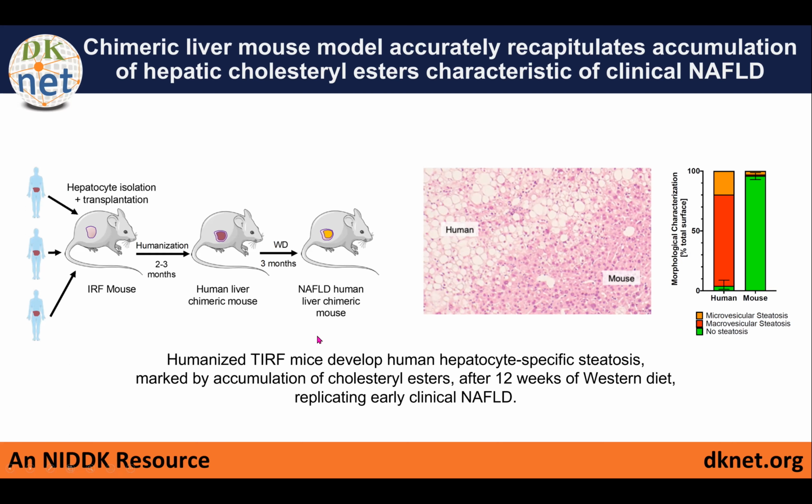And to summarize a lot of work here in one slide, if you give these chimeric mice 3 months of a high fat Western diet, the human hepatocytes will actually accumulate lipids, whereas the mouse hepatocytes, which are side by side in the same liver, will not.